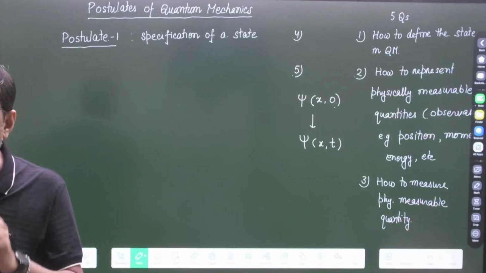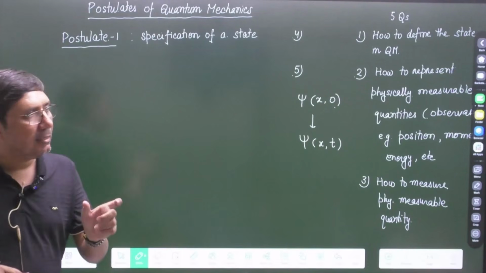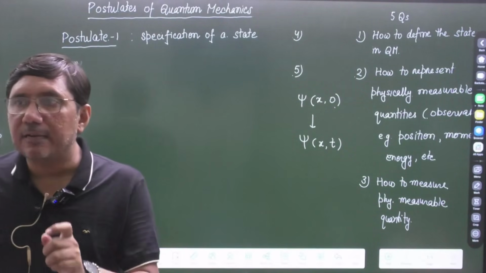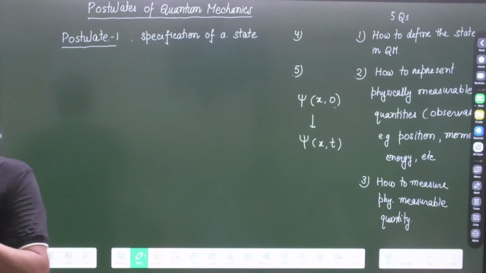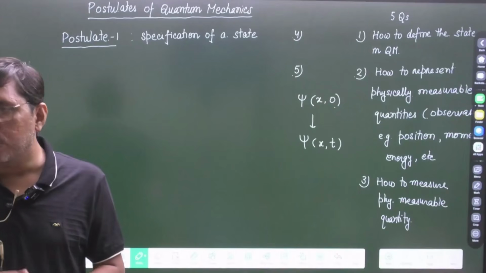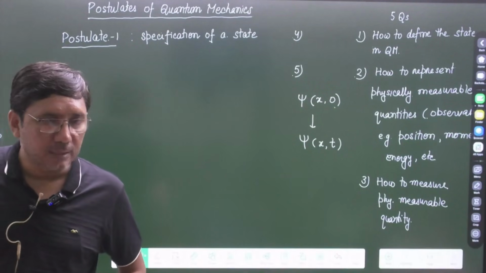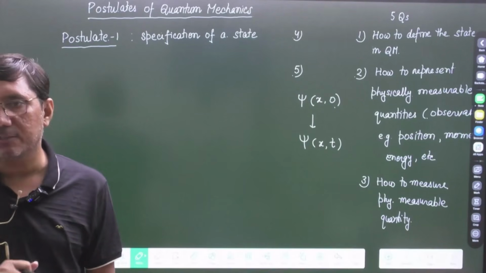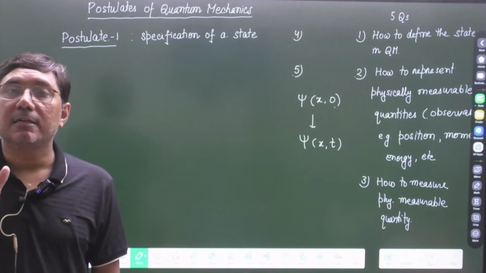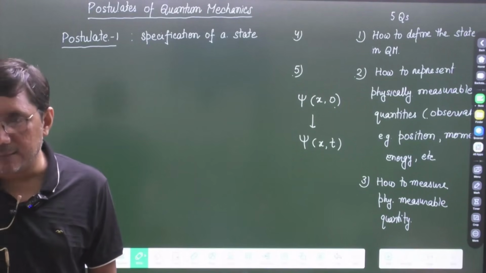So the problem is that we cannot measure position and momentum with 100% accuracy. Due to this reason, we cannot define the state by x comma p in quantum mechanics. When you cannot define something with 100% accuracy, how can you define the state in that way?